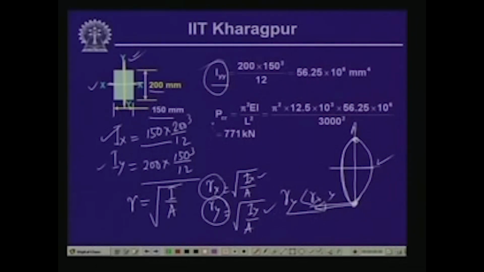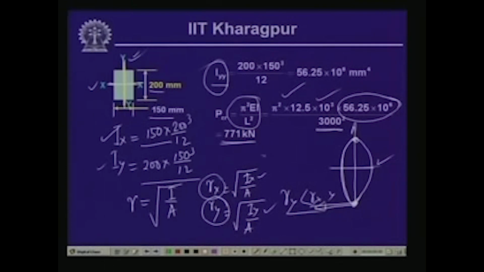Now, if we apply the critical load formula given by Euler, then we get a load value equal to 771 kilonewton. Here we have pi square, and I is 56.25 into 10 to the power 6, and E is given as 12.5 into 10 to the power 3, and L is equal to 3000.